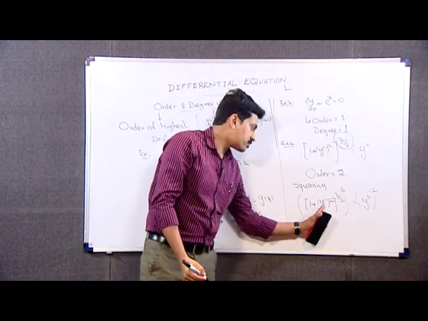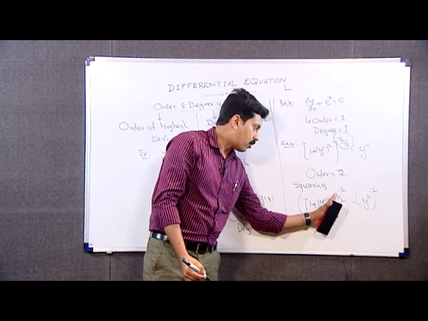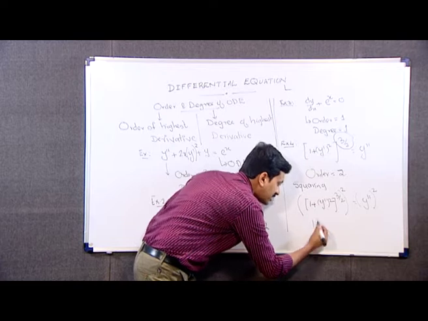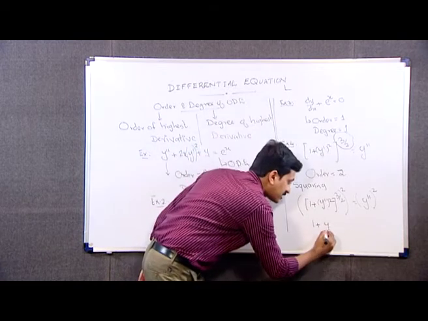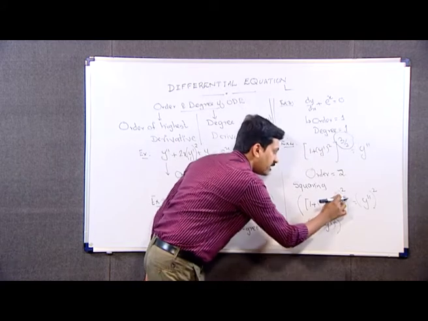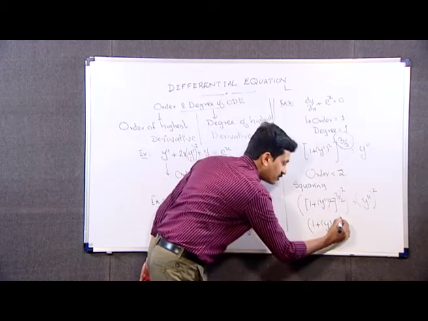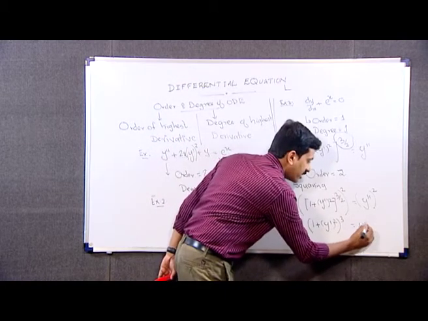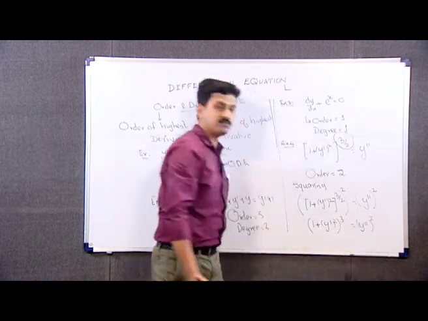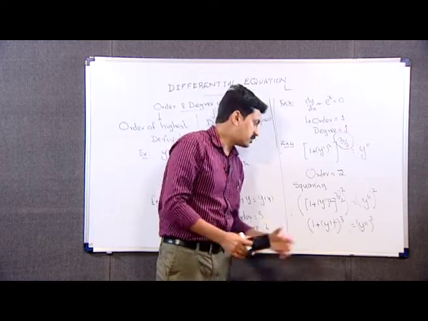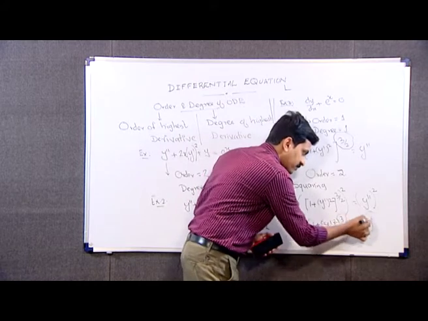That is, (1 plus y dash square) whole raised to 3 by 2 whole square is equal to (1 plus y dash square) whole cube. This is equal to y double dash whole square. That means all the powers are integer powers.